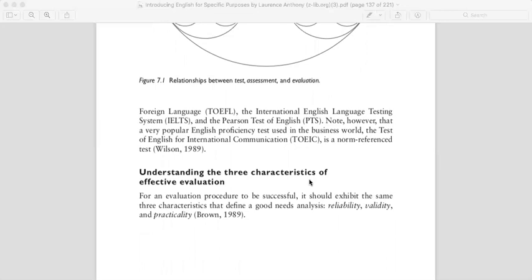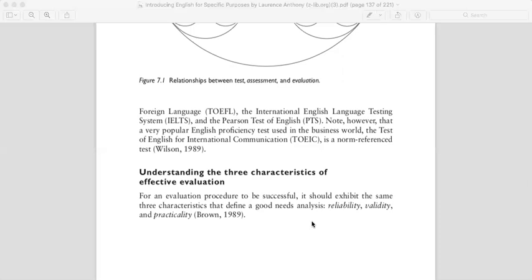Okay, now let's talk about the three characteristics of effective evaluation. How can you make evaluation effective? Because it is important that evaluation is time consuming. I told you it takes a lot of resources to evaluate the learners as well as the course.